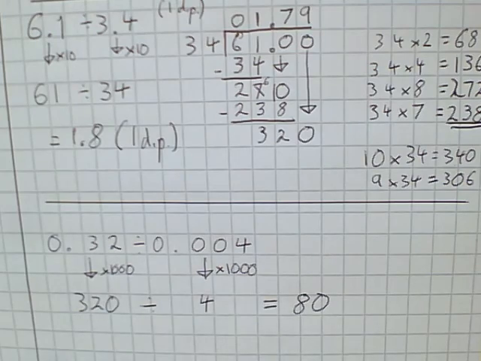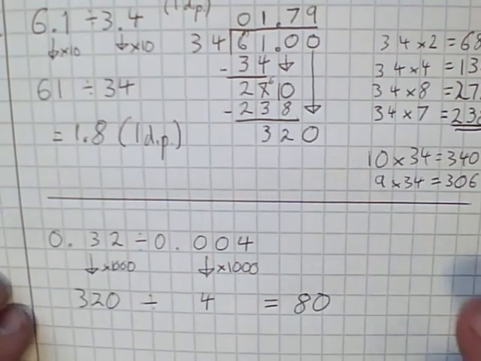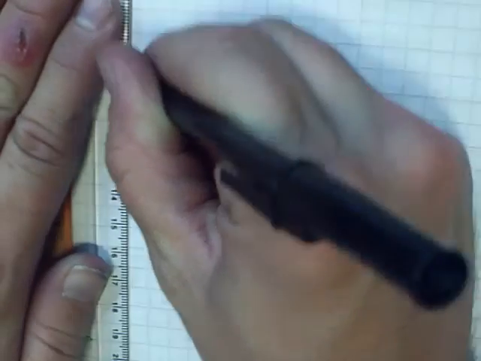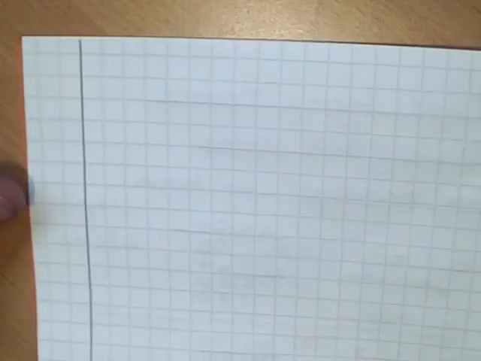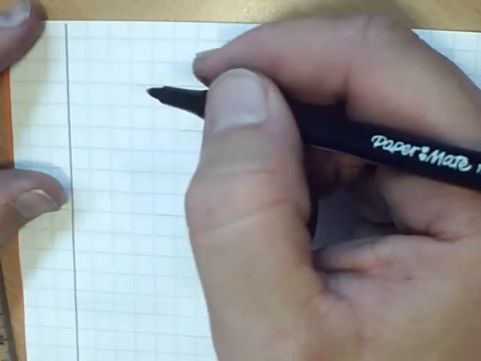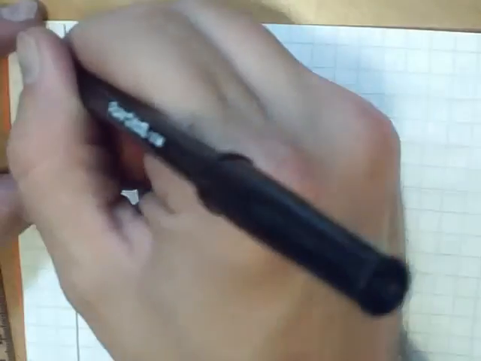Now I'm going to set you 3 questions to do. You're probably going to need to turn your page over, draw yourself out another margin with a ruler, and then you're now going to do 3 questions yourself. So, question 1.